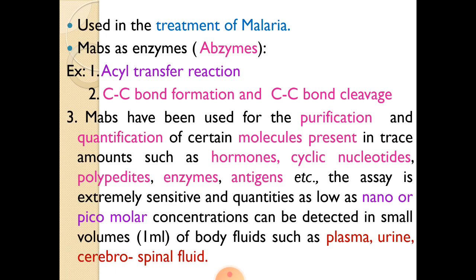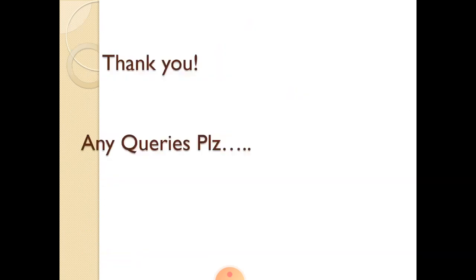MABs have been used for purification and quantification of certain molecules present in trace amounts, such as hormones, cyclic nucleotides, polypeptides, enzymes, antigens, etc. The assay is extremely sensitive, and quantities as low as nano or picomolar concentrations can be detected in small volumes like 1 ml of body fluids such as plasma, urine, cerebrospinal fluid, etc.